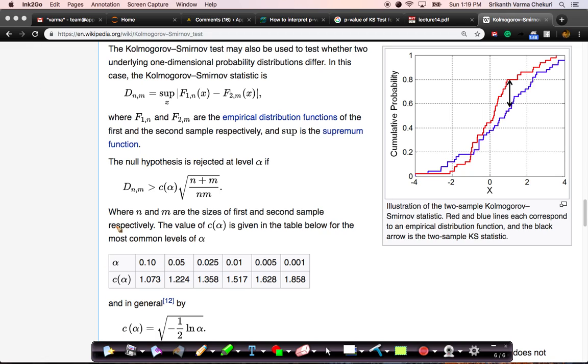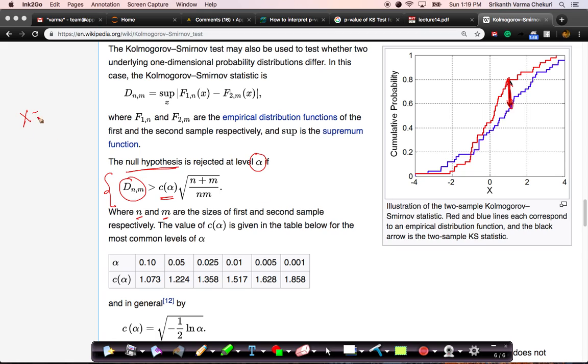Here I have clearly stated in the original content videos itself that we reject the null hypothesis at a significance level of alpha if D n,m here, which is nothing but the maximum gap, or the supremum of the gap between both the CDFs, is greater than C alpha times the square root of (n plus m) by nm, where n and m are the sizes of the first and second sample.